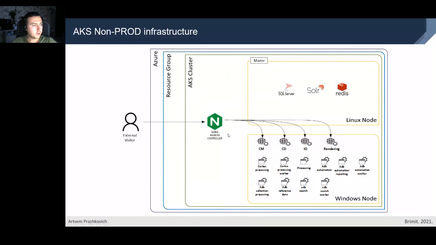Inside the Kubernetes cluster, we have a node. The node is like a server, and there are two different types of nodes that you can utilize. Basically, there is a Linux node, which is required for every cluster and used as a system node, but you are still able to install something on this node.